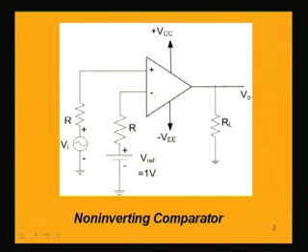If we now see the two terminals, that is positive and negative, we know that the op-amp output V naught will be given by the gain of the op-amp, because it is working in an open loop fashion. So, we are interested in finding out V naught.